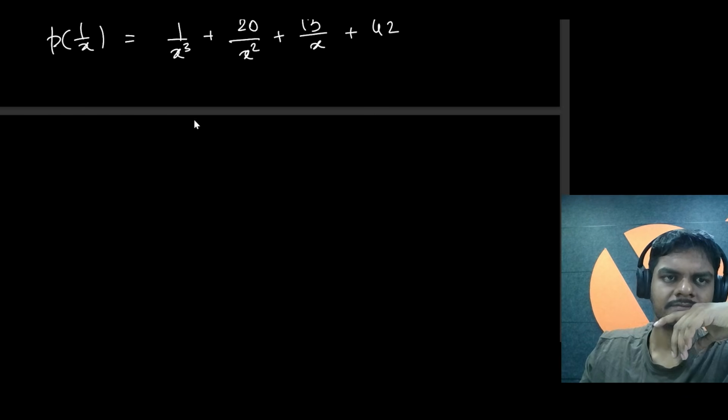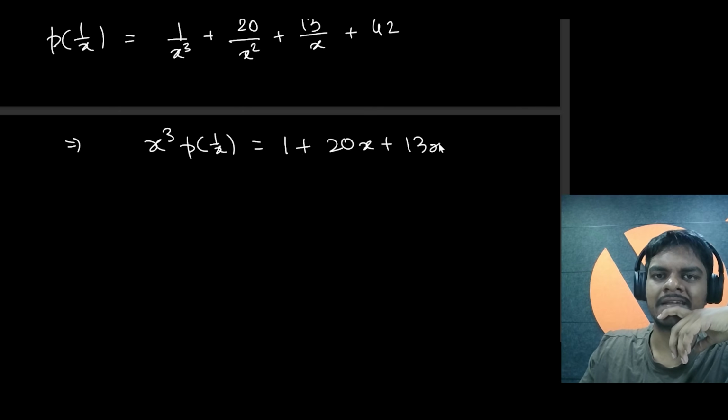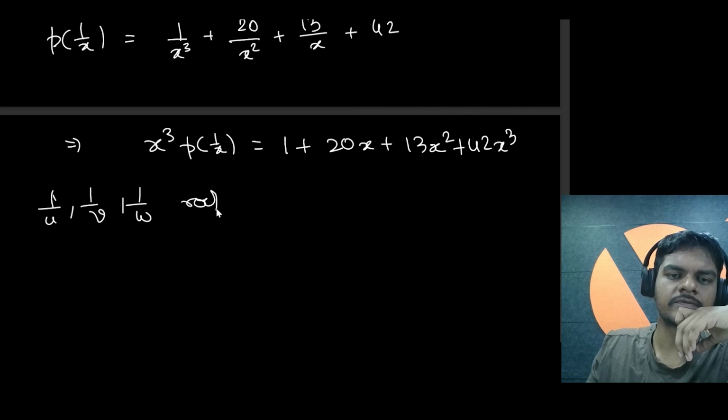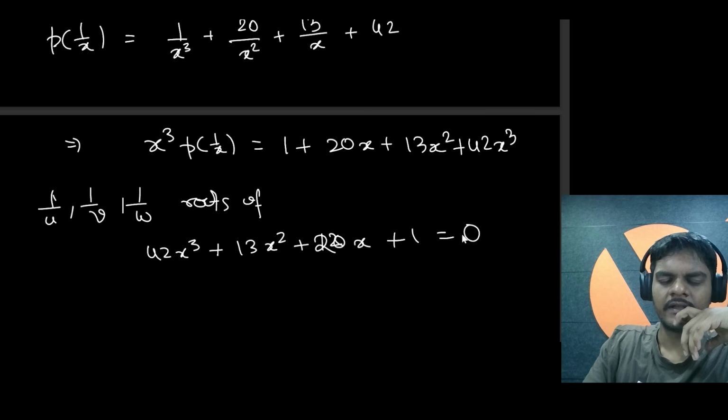Now that will imply x cube into p of 1 by x is 1 plus 20x plus 13x square plus 42x cube, right? So 1 by u, 1 by v, 1 by w are roots of the following equation: 42x cube plus 13x square plus 20x plus 1 equal to 0.